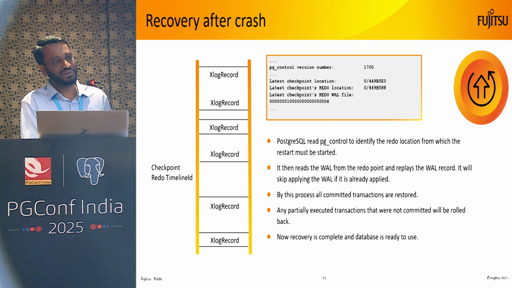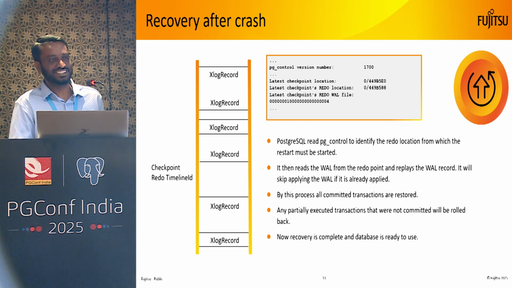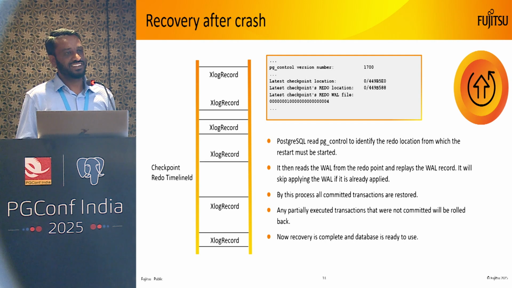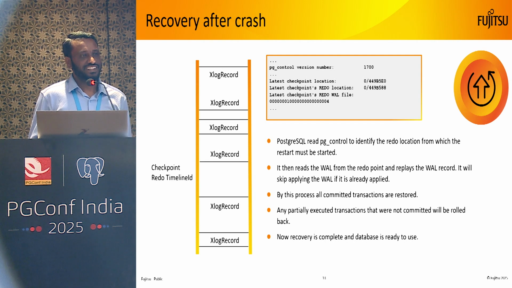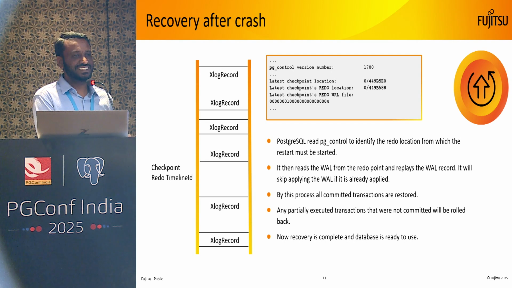If a transaction is open in primary, it's an open transaction in standby also. But the WAL record will be there, the shared buffer also will be there. Similar thing will happen in standby also. In case of rollback, we still end up sending data but it will be rolled back. CLog will be updated, and when you do a query, you will see that this transaction need not be selected.